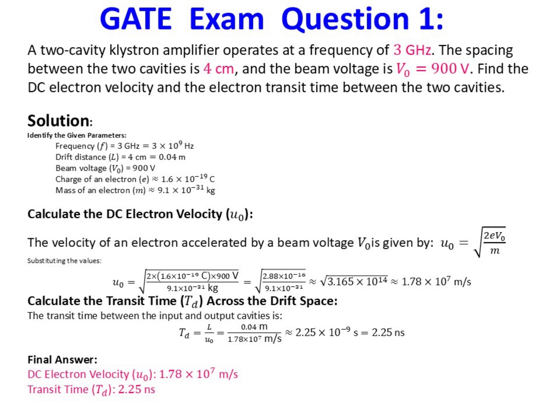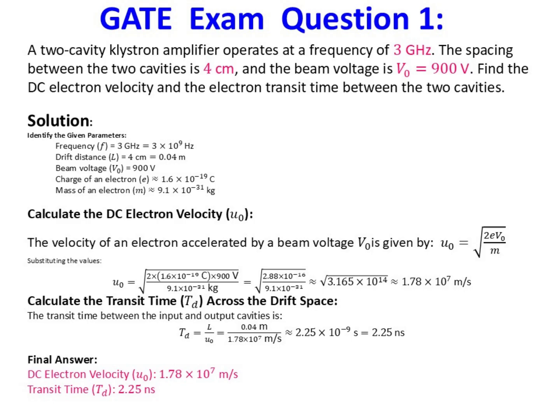The first step is to calculate the electron velocity from the beam voltage. We use the standard relation between accelerating voltage and electron velocity. After substituting the given beam voltage, we obtain the DC electron velocity. Next, the transit time is simply distance traveled divided by electron velocity.